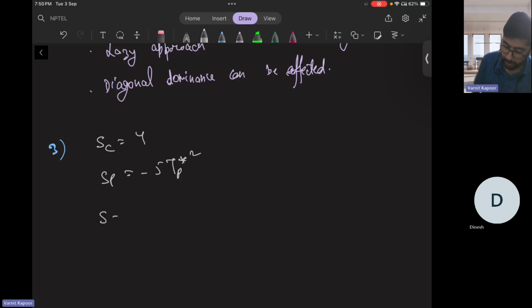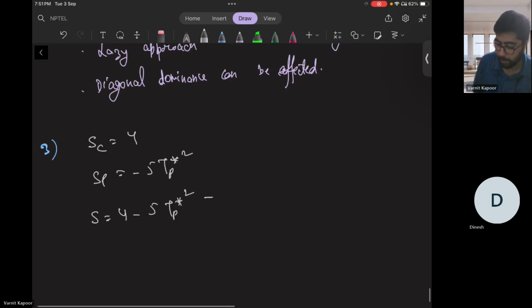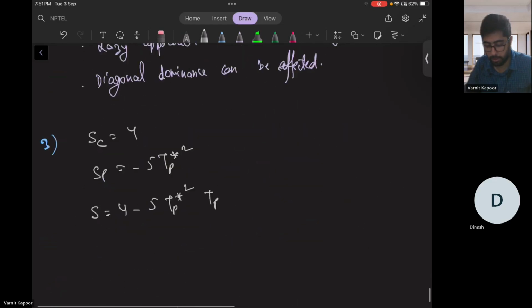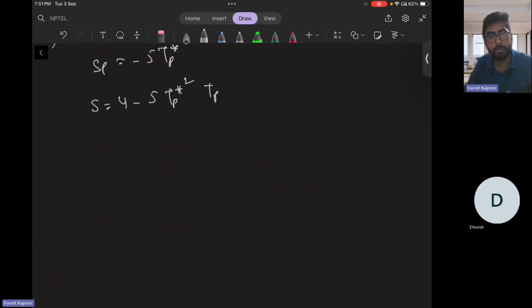S can be written as SC plus SP T, for example 4 minus 5 TP star square T. If you observe, the slope is nothing but SP.